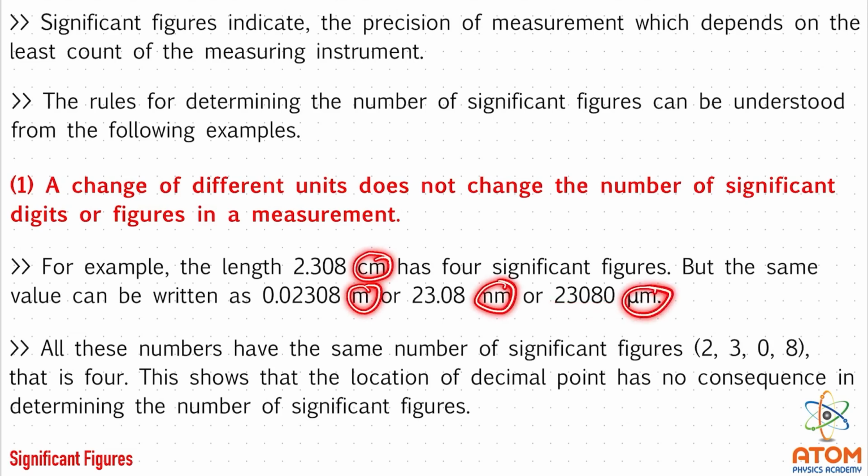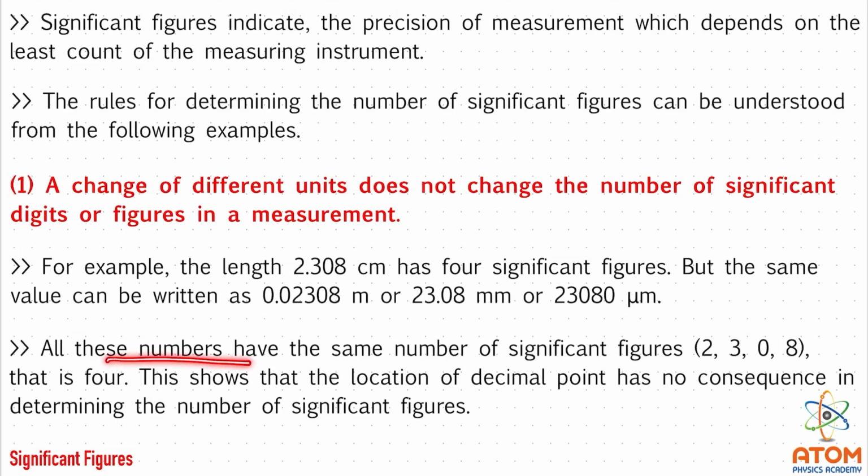See, here we are changing the units, but the number of significant figures should not change. There are 4 significant figures right now, and here also it should be 4, and here also it should be 4, here also it should be 4. Now, to make this clear, we need to see further.